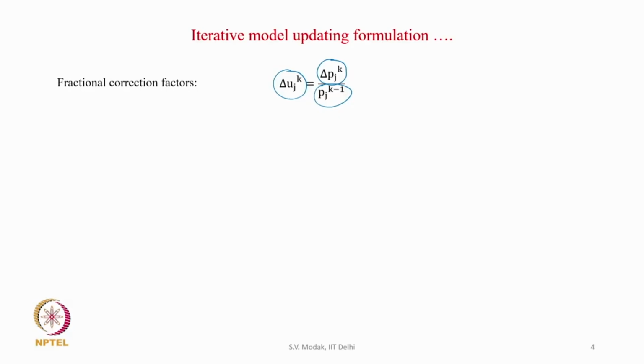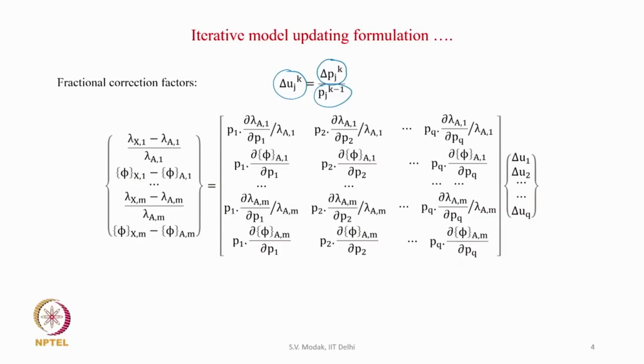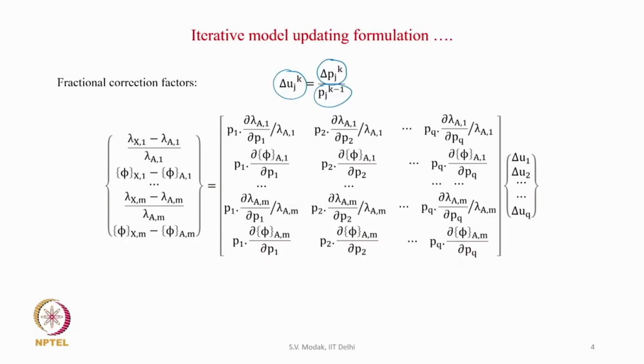Now, we incorporate these changes in the matrix equation we got for updating, and the modified matrix equation takes this form. Here we see the unknown vector is no longer the vector of absolute changes in the updating parameter, but a vector of fractional changes.